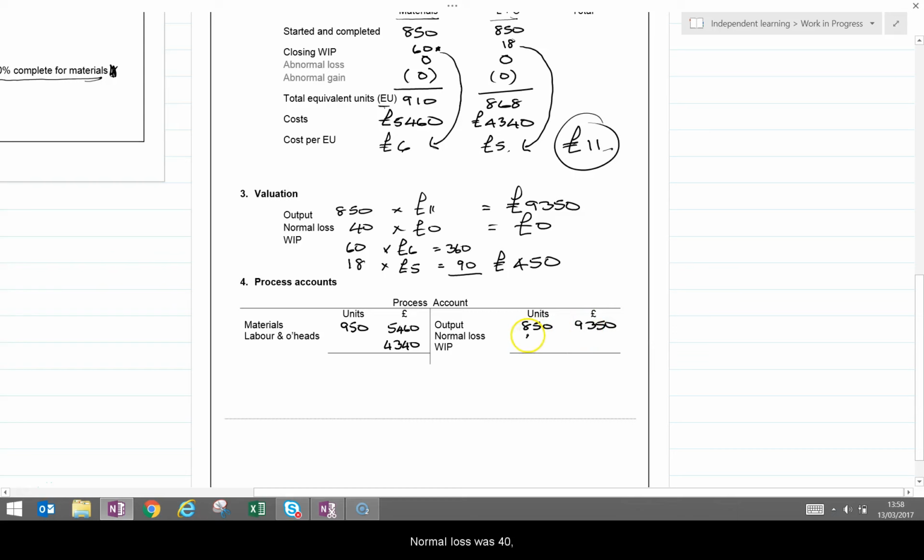Normal loss was 40, which has a 0 value, and our work in progress is 60, which has a value of 450. Now if we total it all up, there should be no balance. The debit side should equal the credit side. So add up the units, add up the values, add up the units on the credit side, and add up the values. So that's the process account complete.